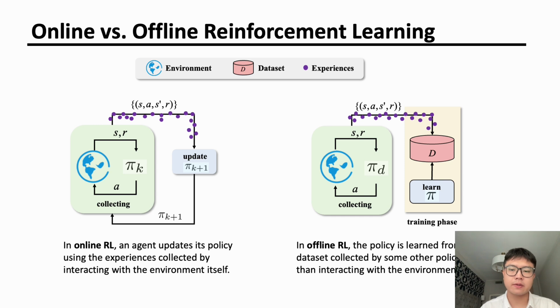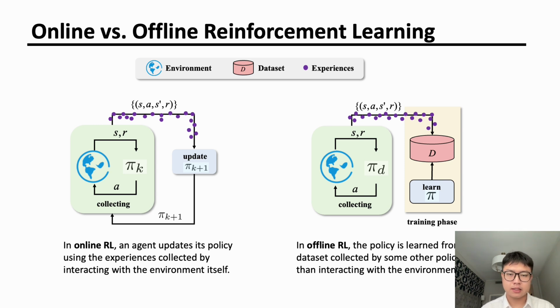Similar to supervised learning, the success of deep reinforcement learning is also data-driven. Because of simulators, we can easily generate 100 million data samples to learn a policy. However, this is challenging in real-world applications because interacting with the environment is difficult, expensive, or dangerous.